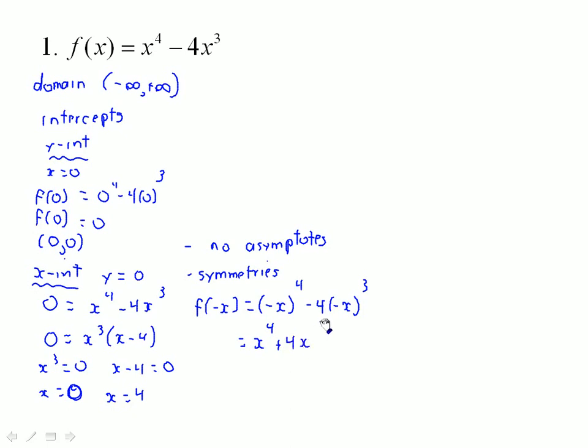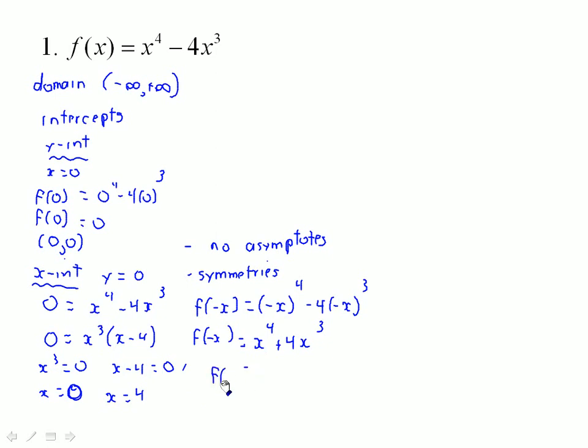Now, the rule is that if f at negative x is equal to f at x, that is, if the function is unchanged, it's even. If f at negative x is equal to negative f at x, then the function is odd. So we try to make sense of this whole thing, and it's neither even nor odd. If you took out a factor, well, you wouldn't even want to take a factor of negative 1 out.